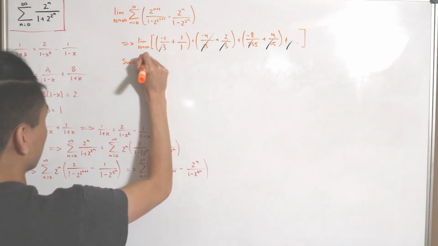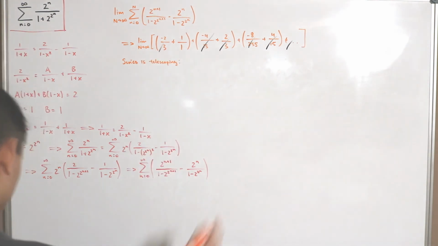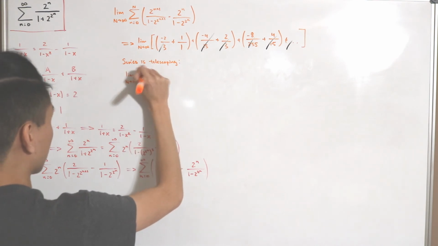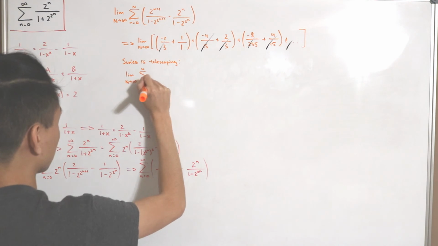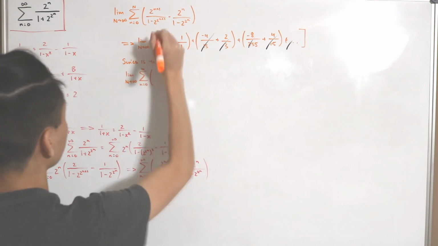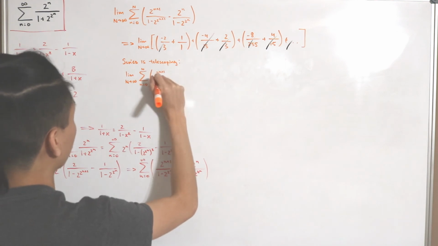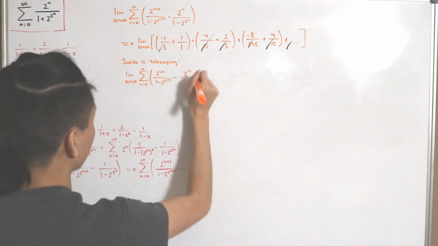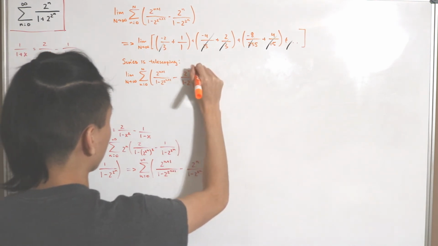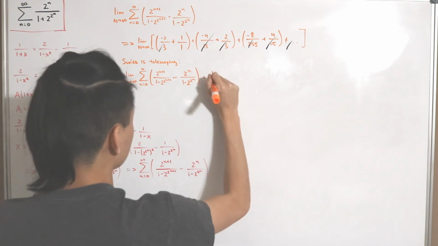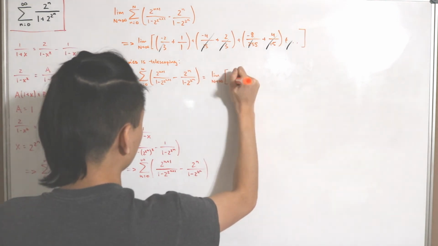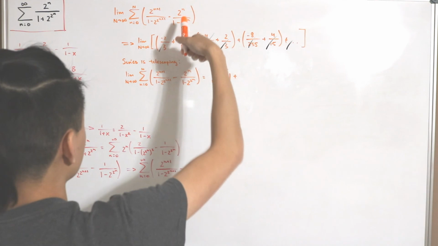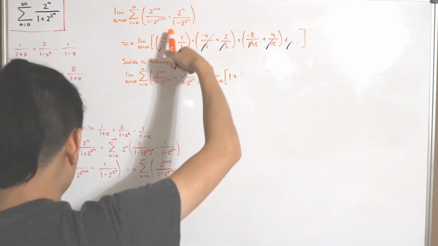So this means the limit as n approaches infinity of the entire partial sums, the sum from n equals 1 of 2 to the n plus 1 divided by 1 minus 2 to the n plus 1, minus 2 to the power n over 1 minus 2 to the power 2 to the power n, is just equal to the limit as n approaches infinity of 1 plus, so the right term will still be available, so that'll still be positive.